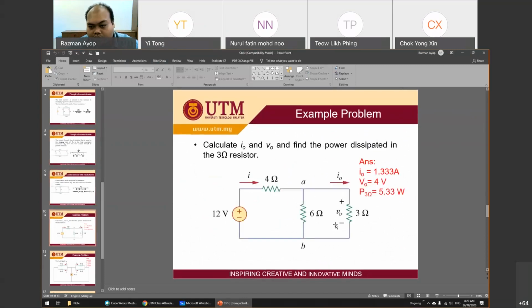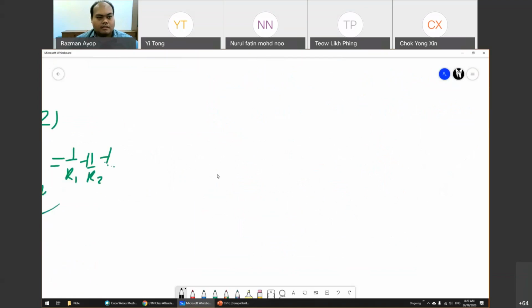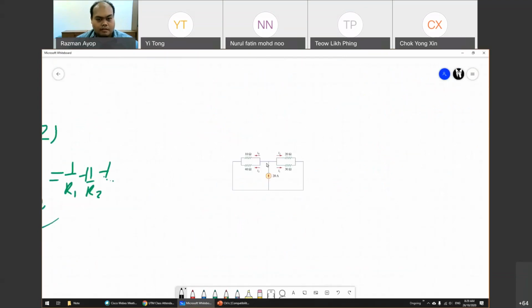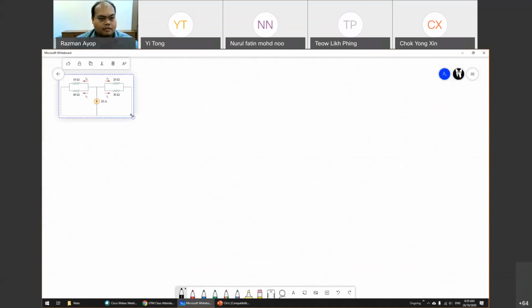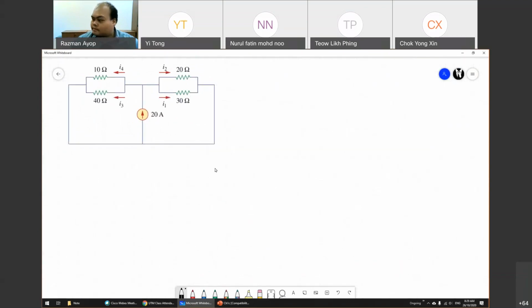Now we continue with another example. If you can see here, this is a current source.